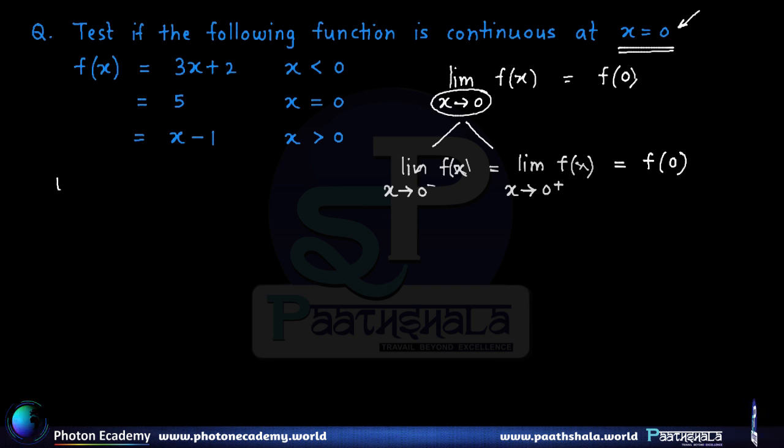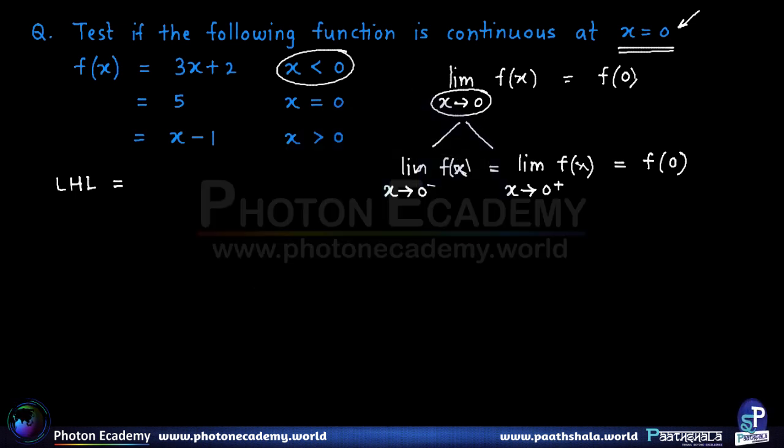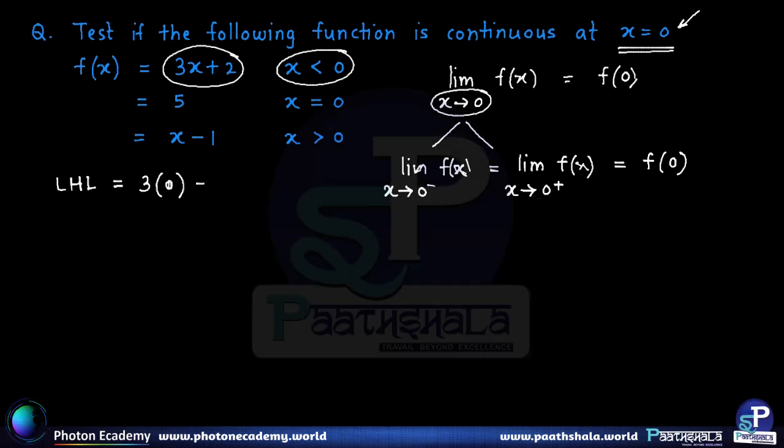So if we talk about the LHL, that is nothing but when x is less than 0. So the limit of the function when x tends to 0 from the left side will be nothing but the evaluation of 3x plus 2. So we can do that directly now as the definitions are in front of us. That gives us 3 into 0 plus 2, which is equal to 0 plus 2, so that is equal to 2, right?